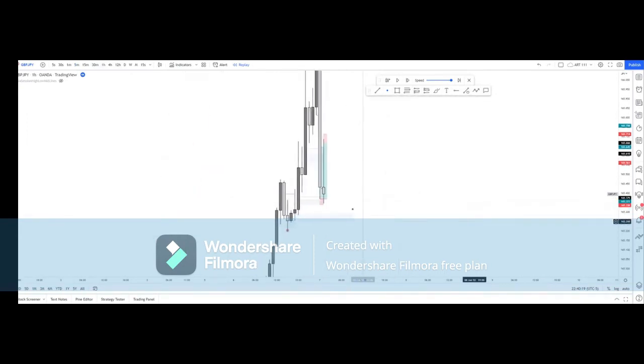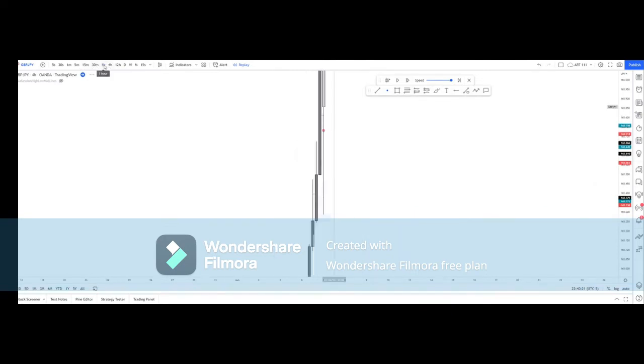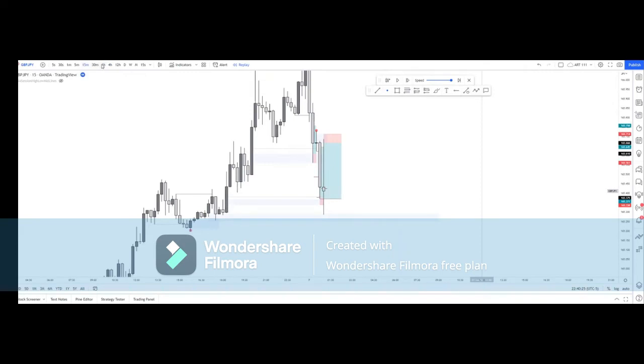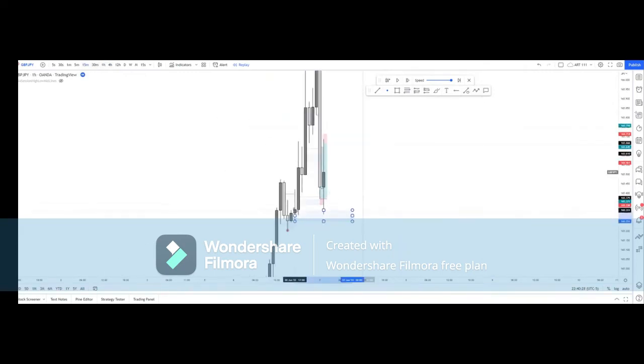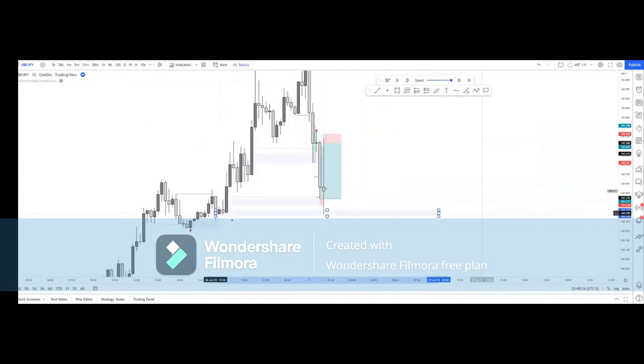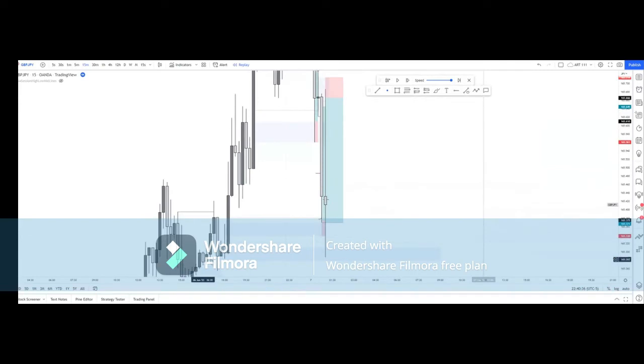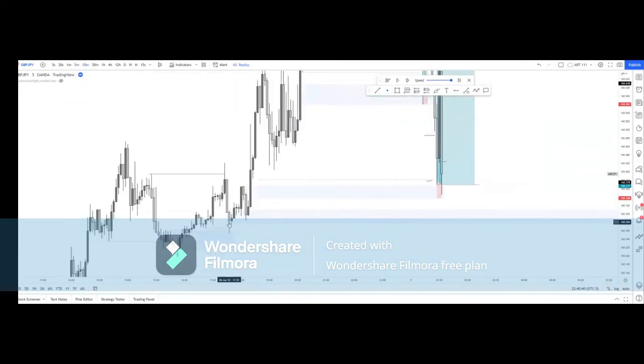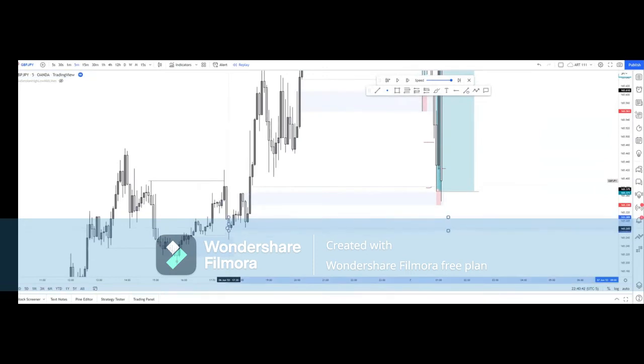So 2 to 4 hour. Yeah, so 1 hour unmitigated wick. It lines up with this, which is this candle right here, the one I just had.